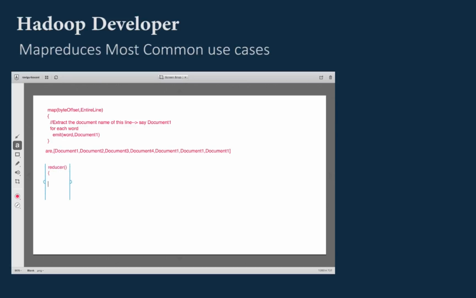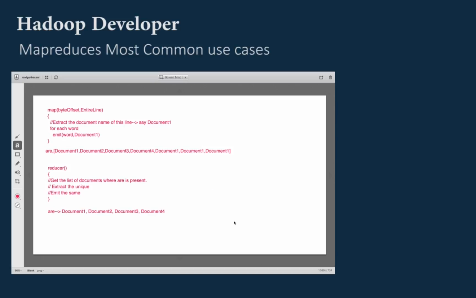In the reducer, what we end up getting is that R is present in document 1, 2, 3 and 4.